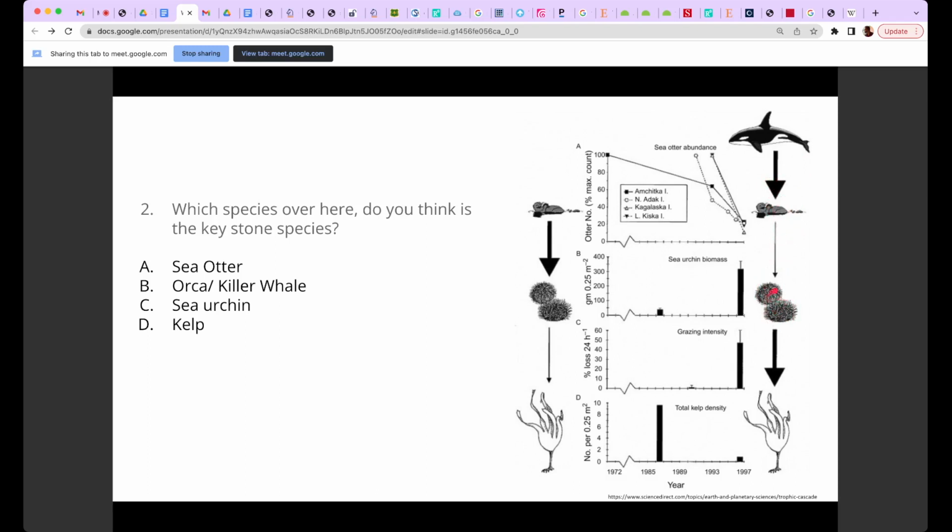The sea urchins expanded, so you can see the sea otter abundance went down, because of which in 1987 the sea urchin population or biomass was low, and in 1997 it suddenly increased. The grazing intensity of sea urchin on the kelp also increased some 10 times more.